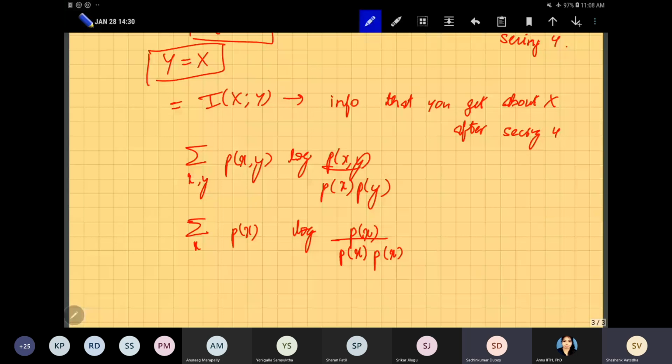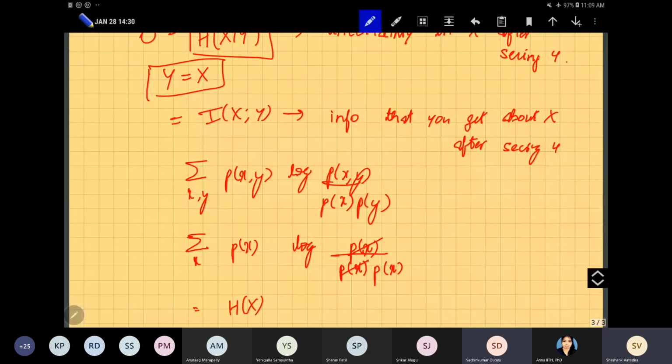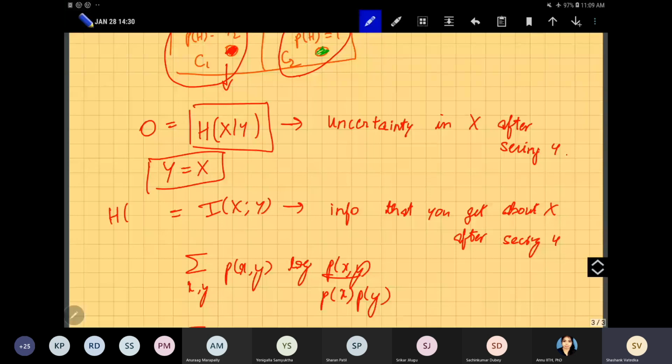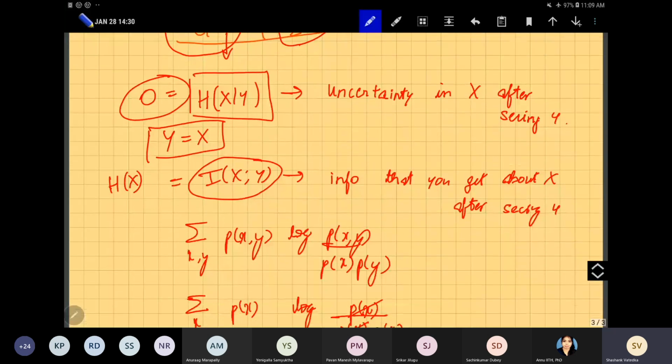Yes, sir. Right? But what is this equal to? This is the entropy of x, right? So if y is equal to x, then the mutual information is equal to the entropy, whereas the conditional entropy is equal to 0. So the larger the mutual information is for a given distribution P of x, the smaller the conditional entropy should be, and the larger the conditional entropy is, the smaller the mutual information should be.